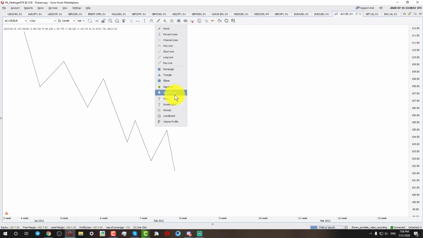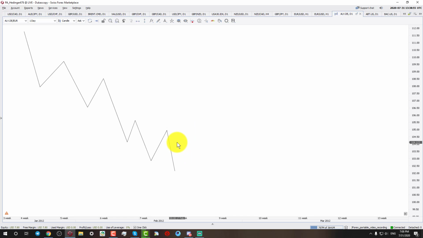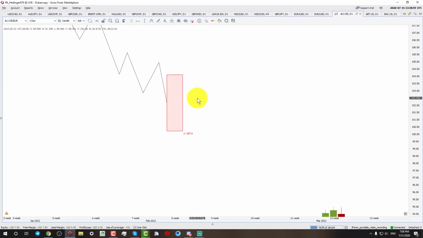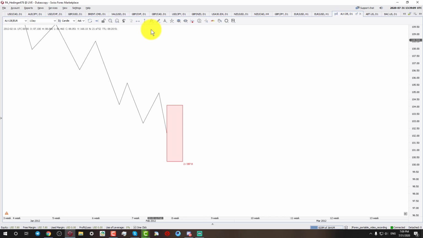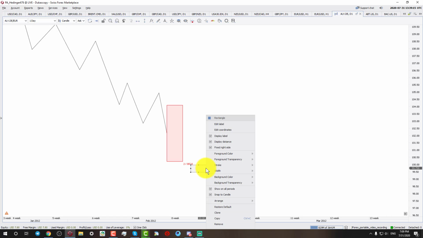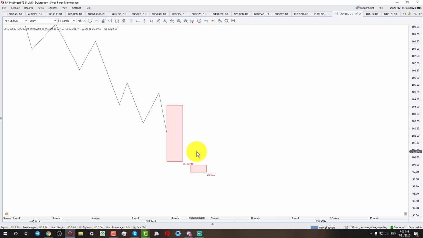After a downtrend, this candlestick appears. There is one red candle in the downtrend, and this red candle is followed by a small candle which is gapping down. This candle may be green or red, it doesn't matter, but here we will show it in red color.